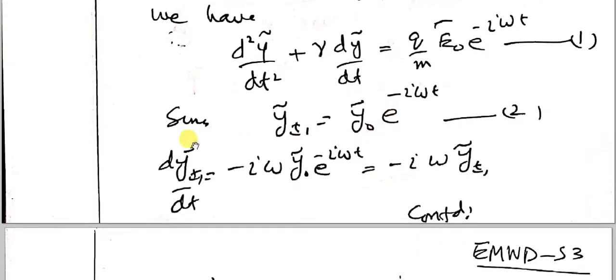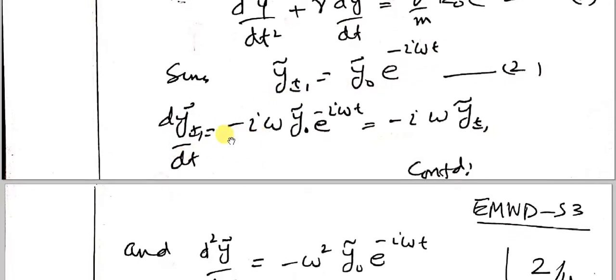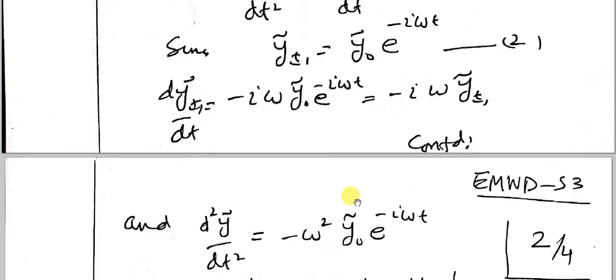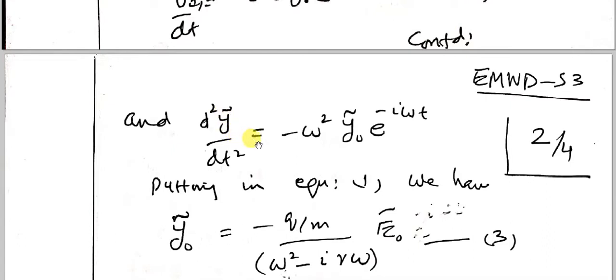Since the displacement y is given by y naught e to the power minus i omega t, taking the differential with respect to time we get minus i omega y, and the second differential of y gives us minus omega square y naught e to the power minus i omega t.